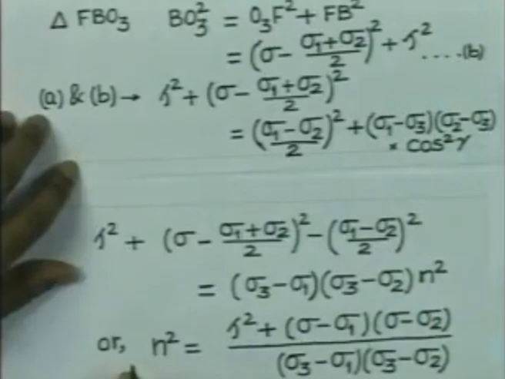So we get n square equal to tau square plus sigma minus sigma 1 into sigma minus sigma 2 divided by sigma 3 minus sigma 1 into sigma 3 minus sigma 2. So you see that we get the expression for n that we derived during the construction of Mohr circle in 3 dimensions.